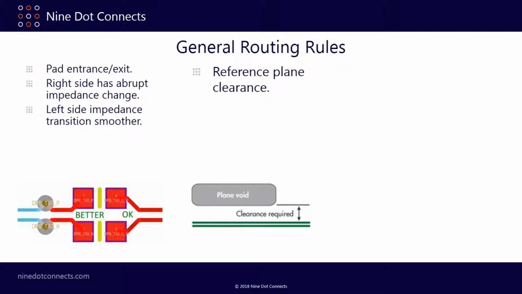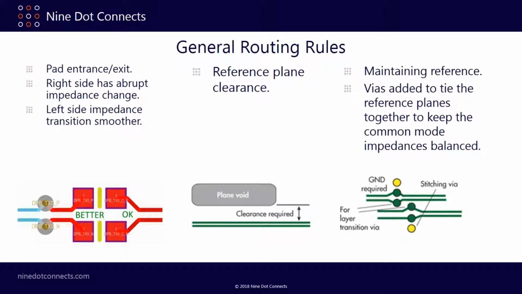Again, when it comes to reference planes, if you have a plane void, especially if you've done any kind of RF circuits where you may have, let's say, a Bluetooth antenna or some kind of RF module, they'll have a huge clearing in the plane beneath it. So you want to make sure that plane void is not underneath or anywhere near your differential lines.